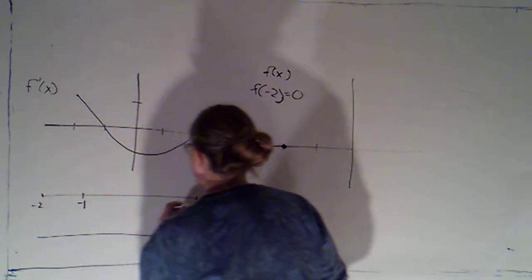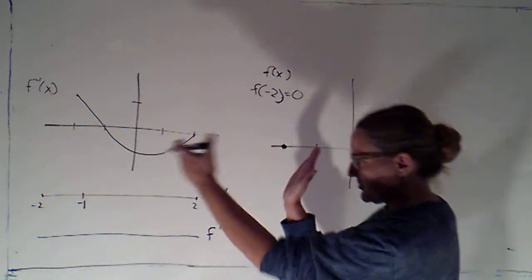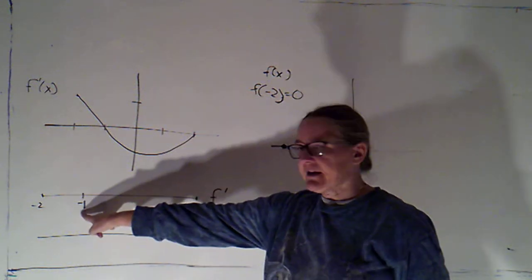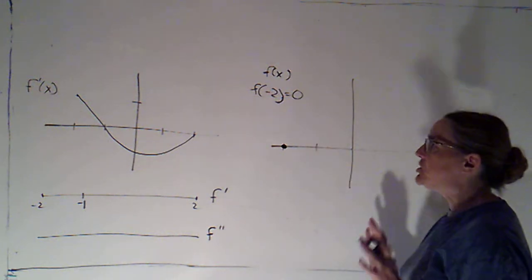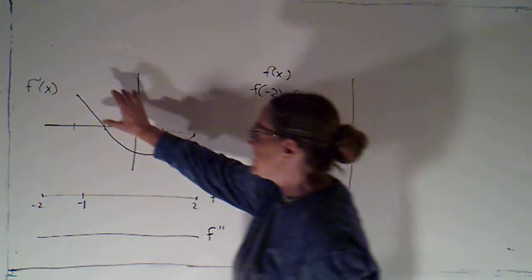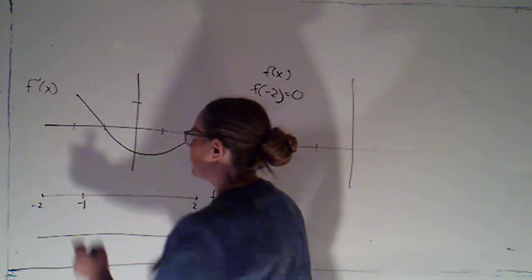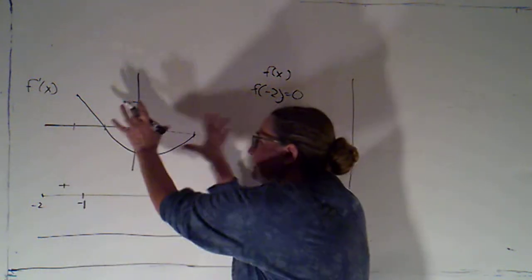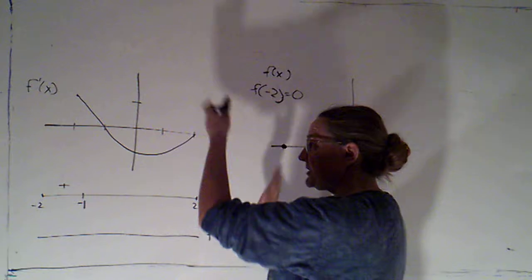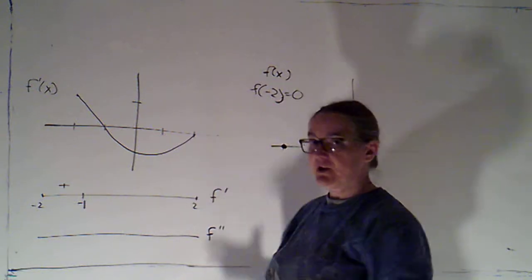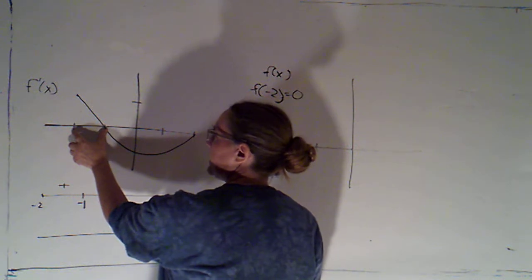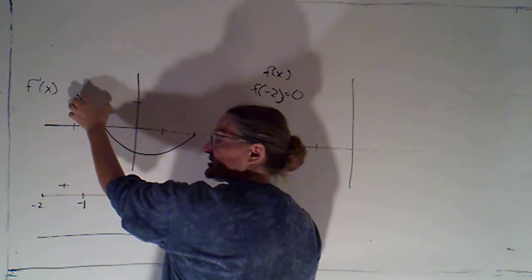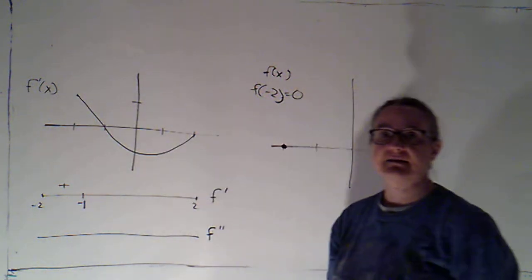So this would be -2, this would be +2. Those are just the endpoints. In the middle here, I've got this critical point. And I can see that my derivative is positive between -2 and -1. Because this is a picture of the derivative, I'm not looking at what it's doing right now. I'm looking at where it is. Between -2 and -1, f prime is positive because the graph of it is above the x-axis.